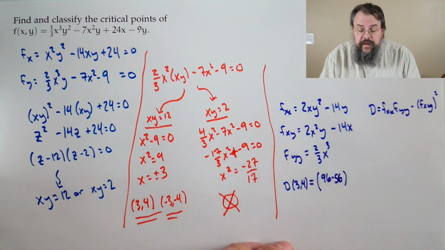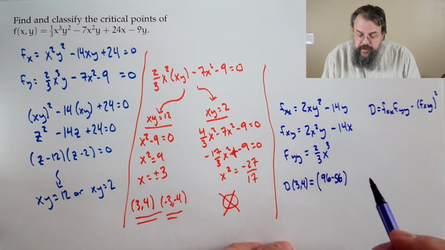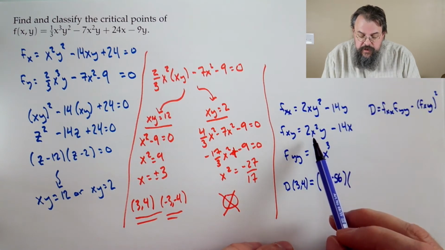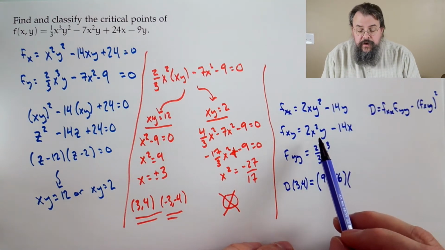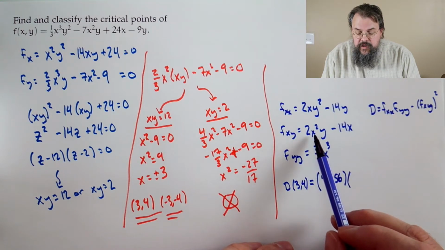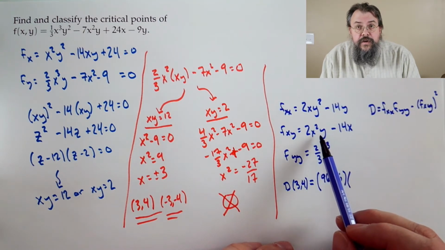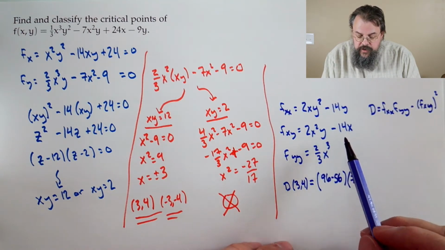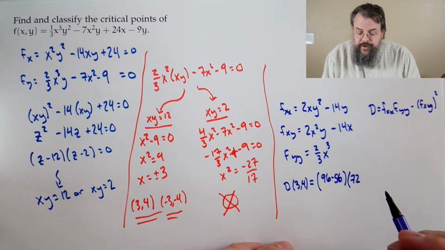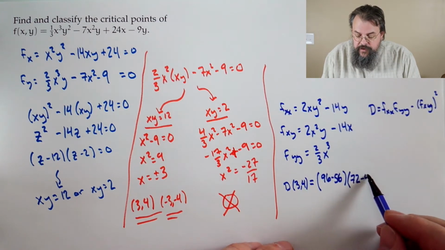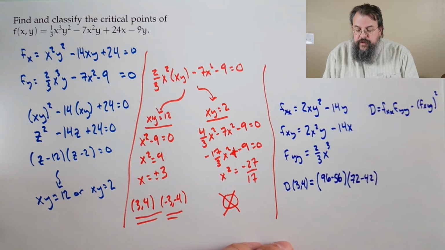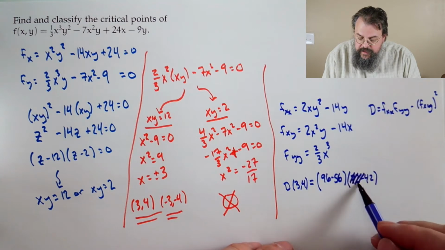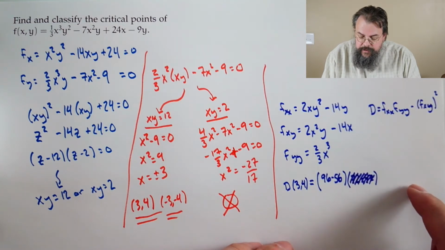Okay, that's fxx. How about fxy? All right, so we're going to get 2 times 9, because 3 squared is 9, times 4. So that's really 2 times 9 is 18, times 4 is 72. Okay, so that's 72. Subtract 14 times 3. Well, 14 times 3 is 42. All right, so 72 subtract 42. Whoops, got ahead of myself.